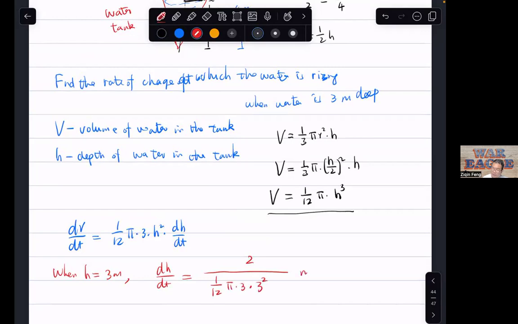This is in meters per minute. So this is the rate of change of the depth when water is pumped into the tank at the rate of 2 meters cubed per minute.